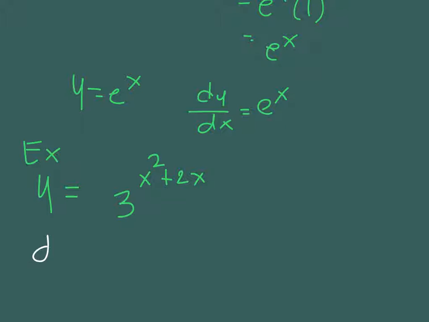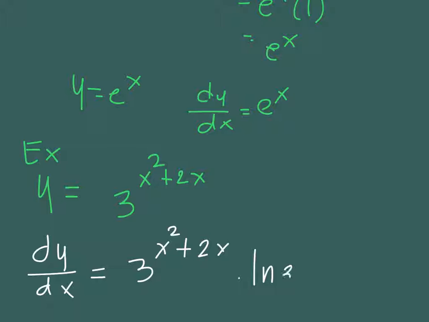dy over dx is equal to, by the rule, the expression 3 to the x squared plus 2x times ln of the base.